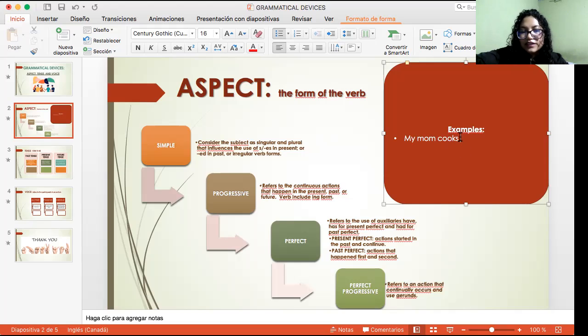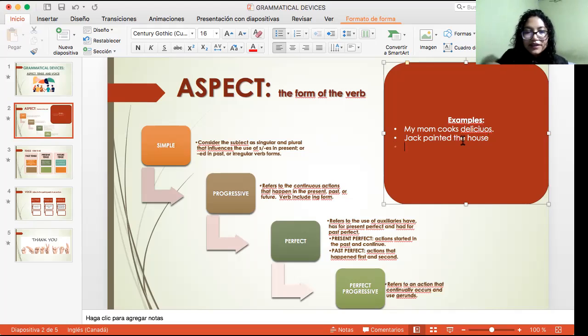Pay attention that this is referring to the third person and I am adding the S. I can have another example with the past form, for example, Jack painted the house.